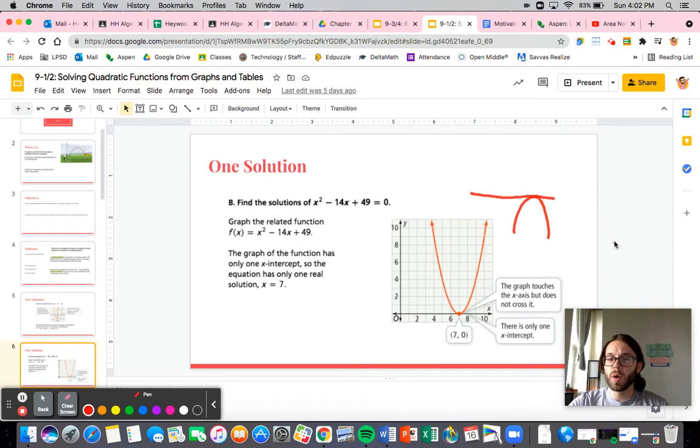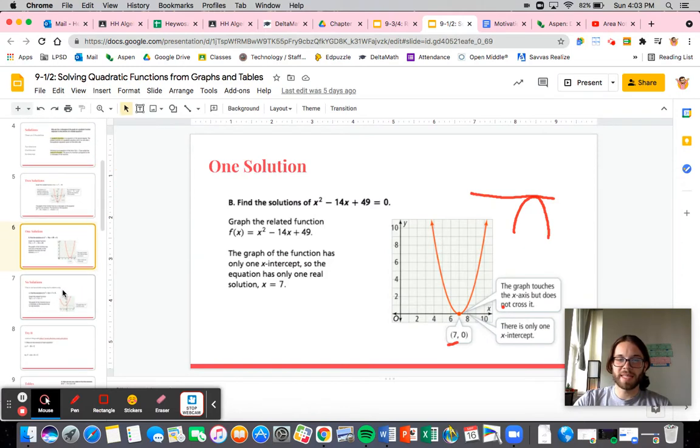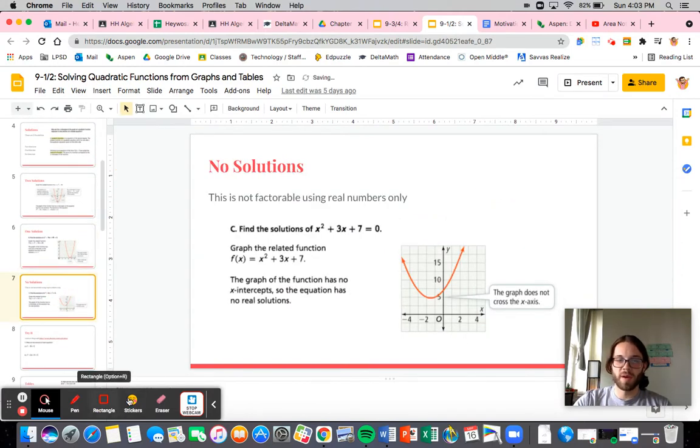But ultimately, the only place where it's going to intersect the x-axis, and therefore the only solution, would be at the vertex itself, right? So we're looking for, here in this case, 7. And I'll leave you to think about why that might be the case, about what will happen going forward. But ultimately, that leaves us with the last situation when we have no solutions.